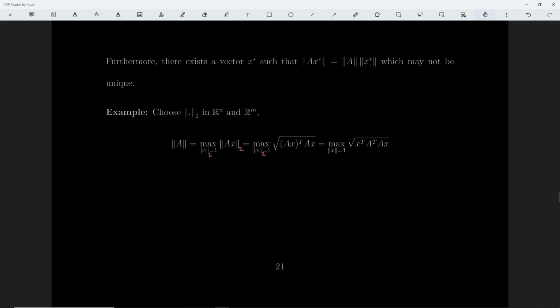So that is the square root of (Ax) transpose (Ax). At the end, I have to find, among all the vectors whose L2 norm is equal to 1, the maximum value of the square root of x transpose A transpose A x.